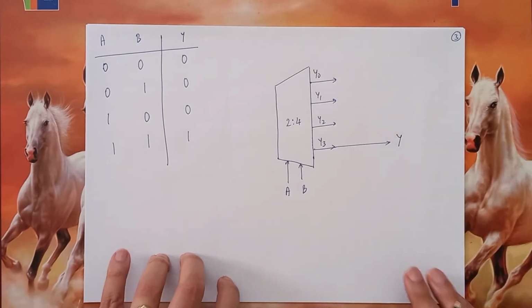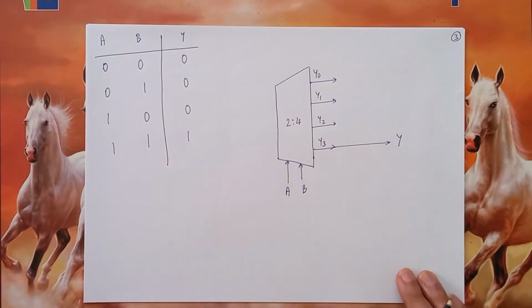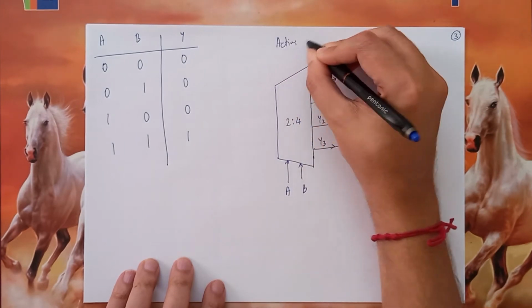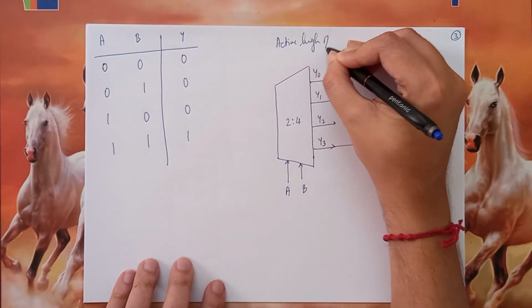So what you see is that we are in this case only using Y3 and the remaining other lines are free. So if we want to realize some other function, we could do that. Although for the time being, let's not complicate stuff. There are lines which are not being used. We could put them to some better use. So now, this is how we can realize this function using an active high output decoder.